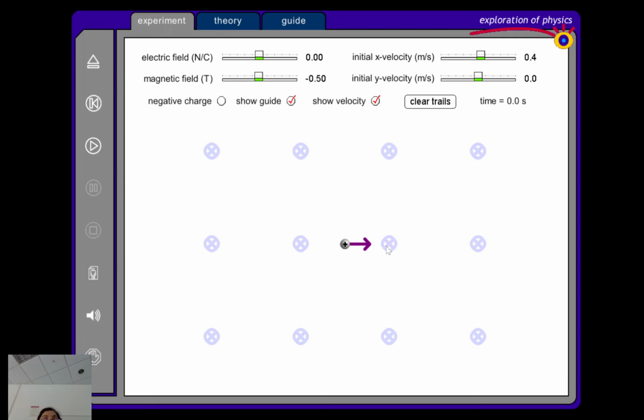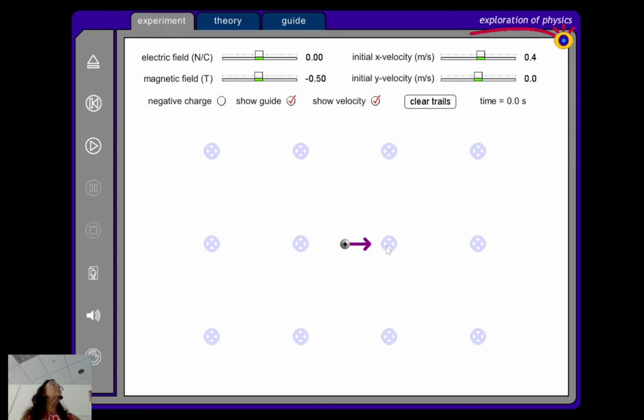In the screen or towards you? In the screen. So the force will be where? So the particle is moving this way. The magnetic field is in the screen. So the force will be up. But you see that the force is perpendicular to the velocity.